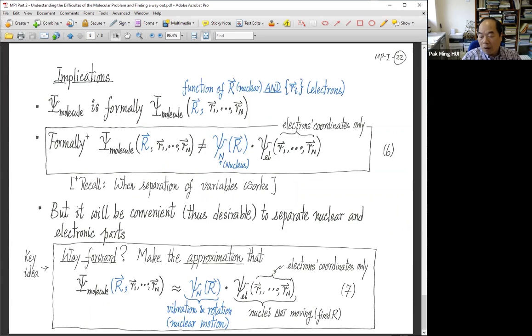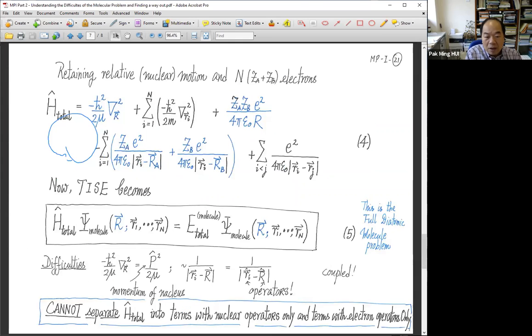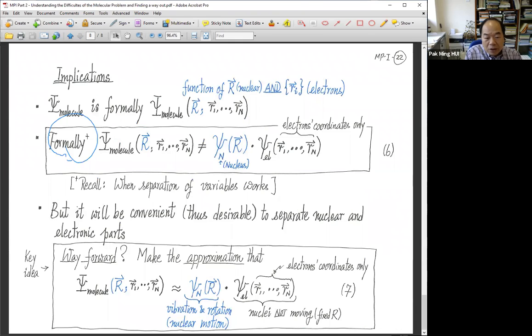So therefore, formally, I emphasize the word formally here, okay? The total wave function, because we cannot separate the Hamiltonian, this total wave function formally is a function of all these coordinates together, okay?